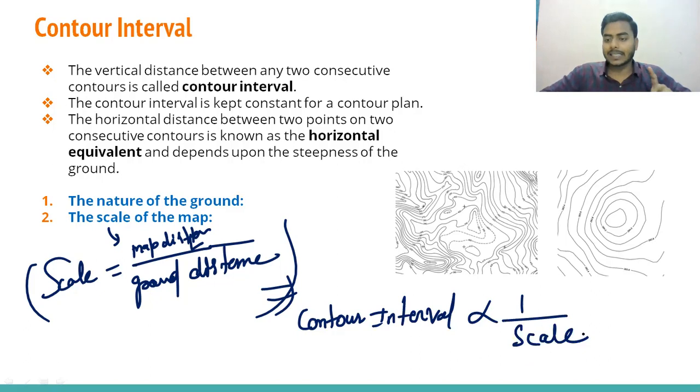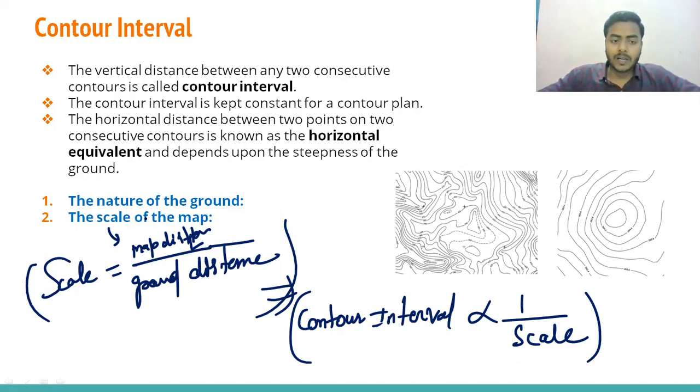It means once the scale is small, then we will take a large contour interval for the same region. And when the scale is large, then we will take a small contour interval. So contour interval and scale are inversely proportional to each other.